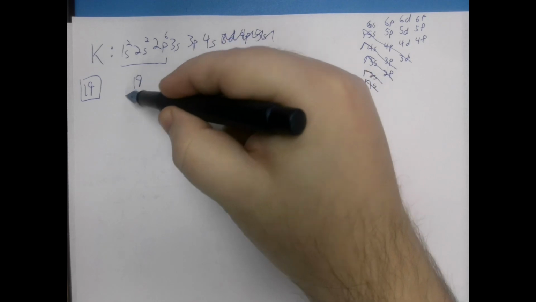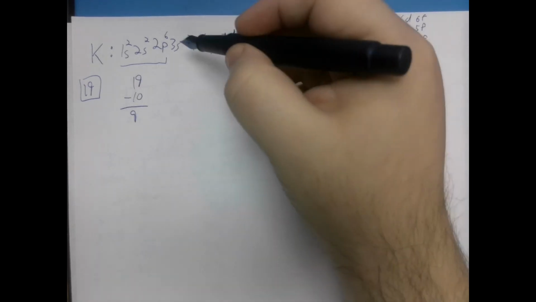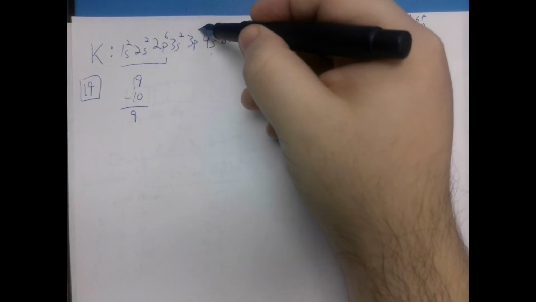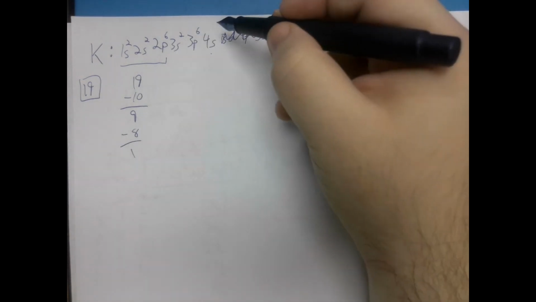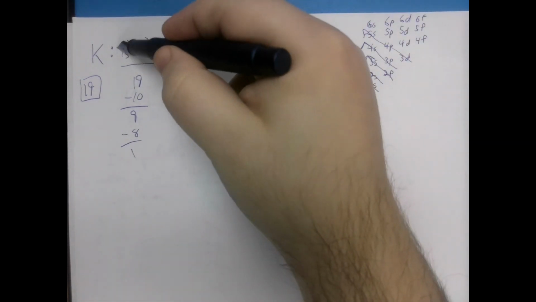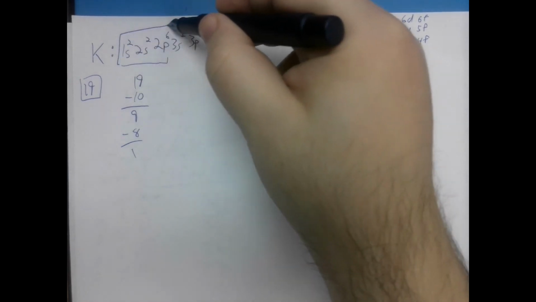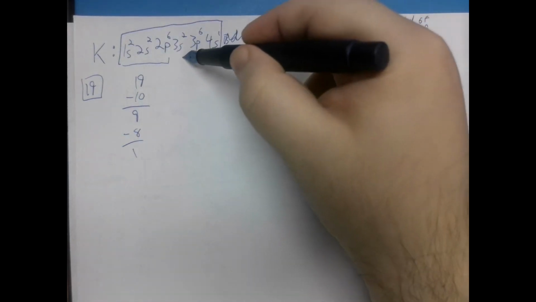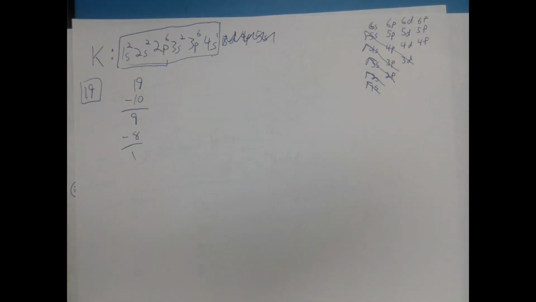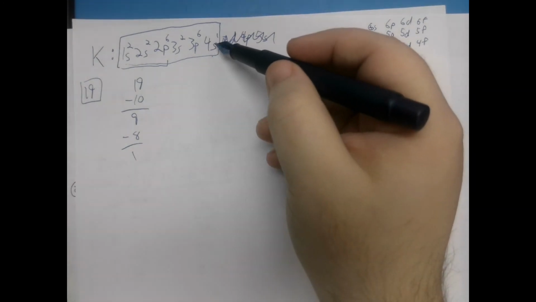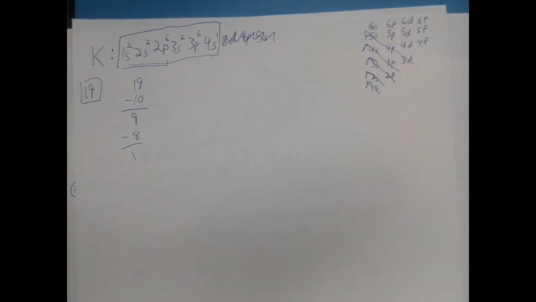So 19 minus 10, I have 9 left. 2 and 6, 8. So minus 8 gives me 1 remainder, and that 1 remainder will go here. So this is the electron configuration for potassium. The 4s sublevel is only half filled.